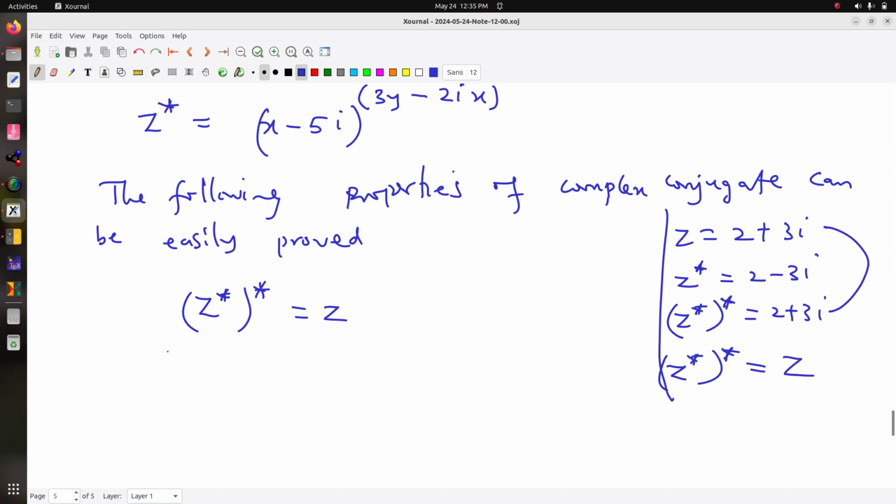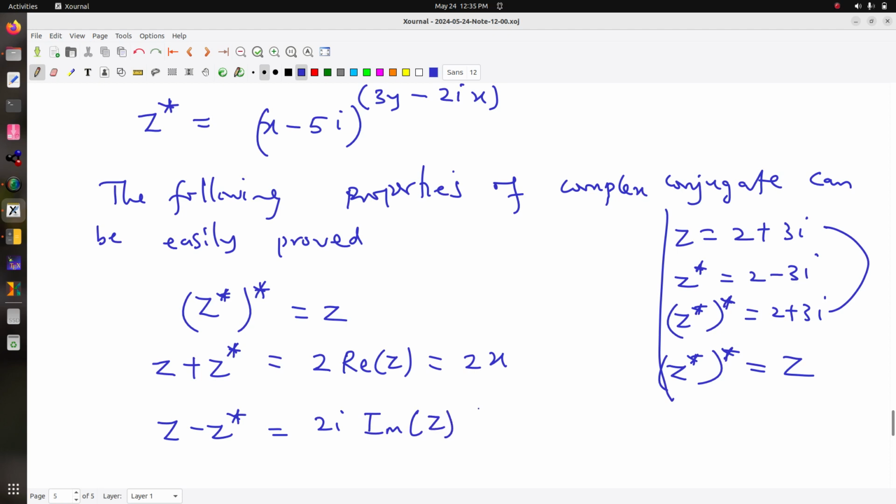The remaining relations are: the addition of z and z star is twice the real part of z, which is 2x. The real part is x, the imaginary part is y. Similarly, z minus z star is 2i times the imaginary part of z, which is 2iy.